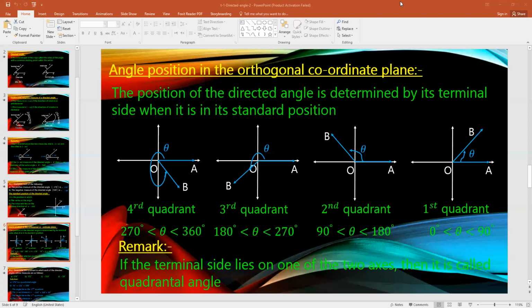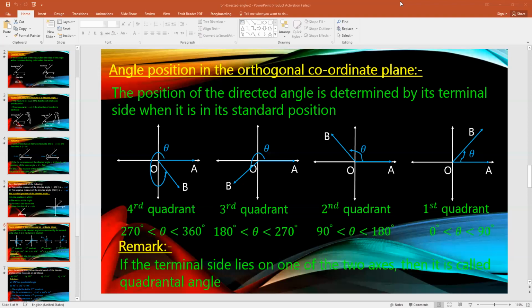If the terminal side lies in the second quadrant, it will be an obtuse angle, with a measure between 90 degrees and 180. The third: if the terminal side lies in the third quadrant, this angle will be more than 180 and less than 270.